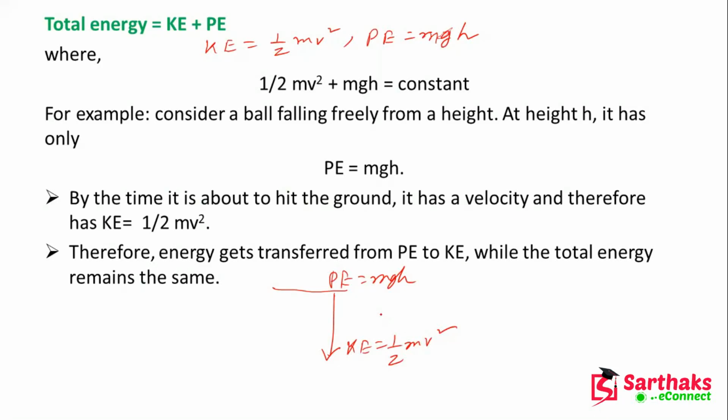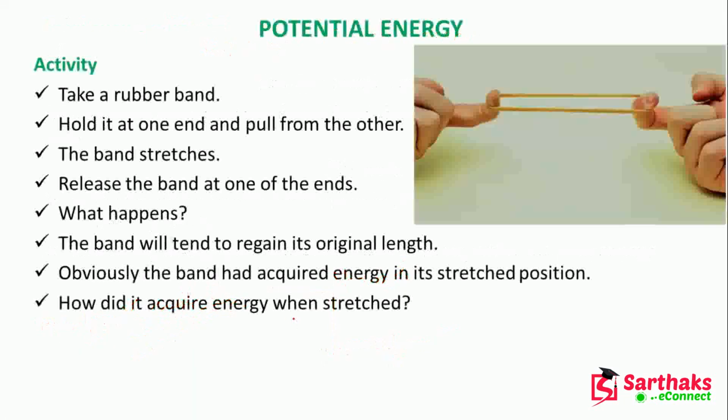That means the energy gets transferred from potential energy to kinetic energy, while the total energy remains the same. mgh plus half mv square is constant. Okay, got the point?